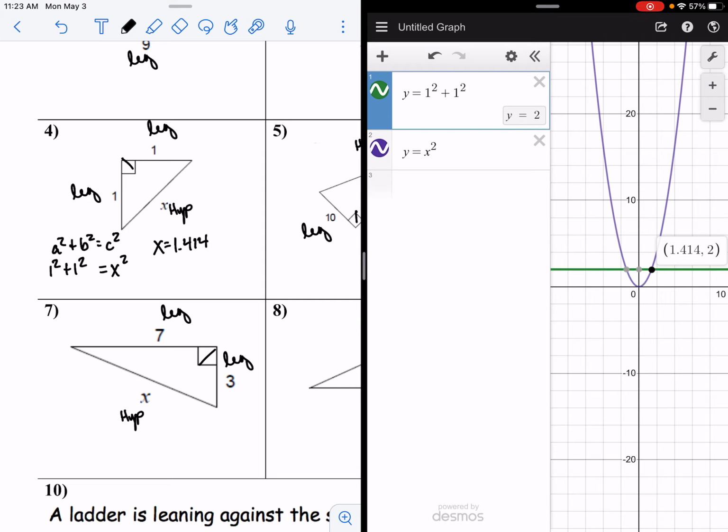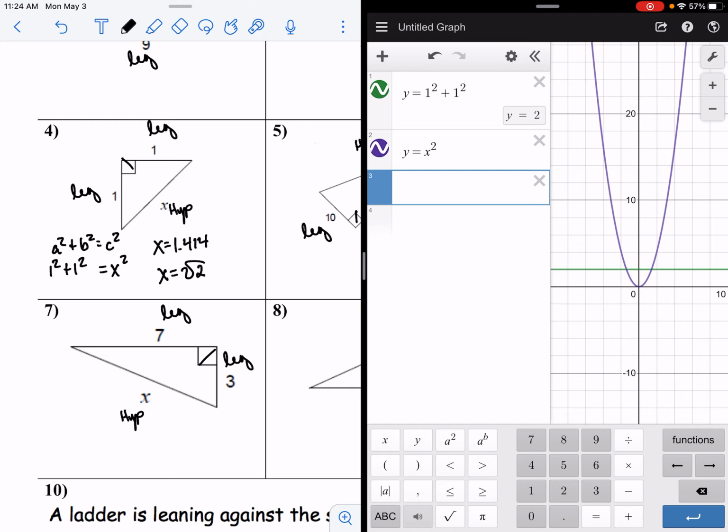You will never, ever see 1.414 as an answer choice. What you will see is x equals square root of 2. Where did I just come up with that number from?